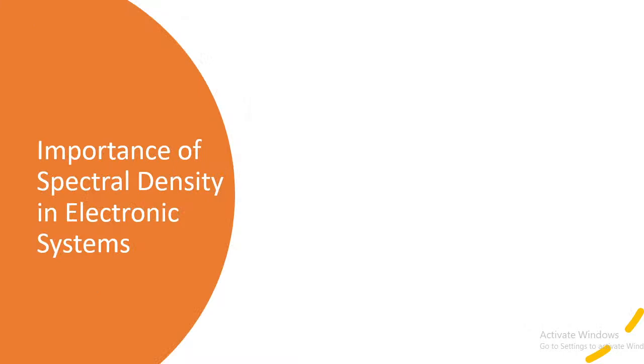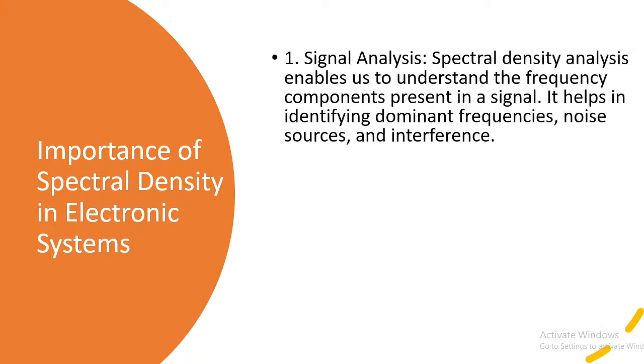Now, what is the importance of spectral density in the electronic systems that we are considering? Why should we know how the energy or power is distributed across frequencies? First, it helps us in signal analysis, because spectral density analysis enables us to understand the frequency components present in the signal.